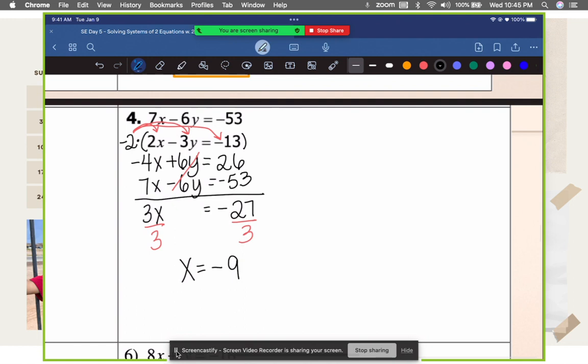Okay, but I'm not quite done. I actually have to finish off with that y. I can do either the first or the second equation. We've been doing the second equation a lot, so I'm going to go ahead and use the first one, even though it might be a little bit more difficult. So negative 9 minus 6y equals negative 53, right? 7 times negative 9 is going to be negative 63.